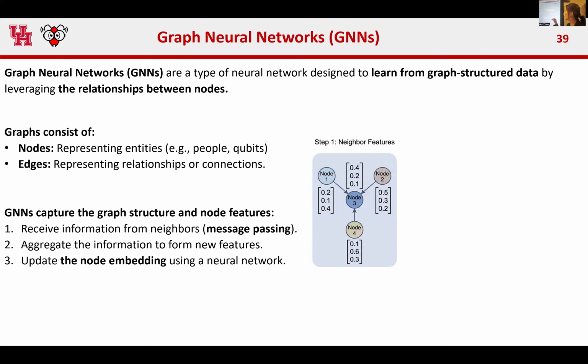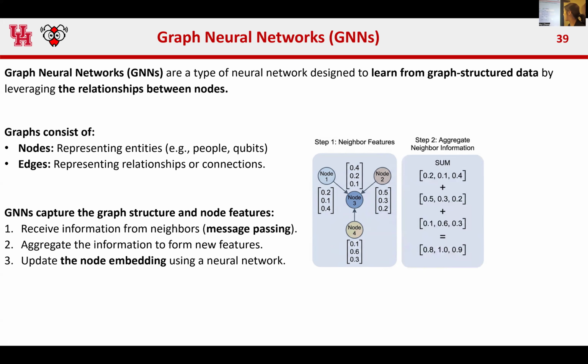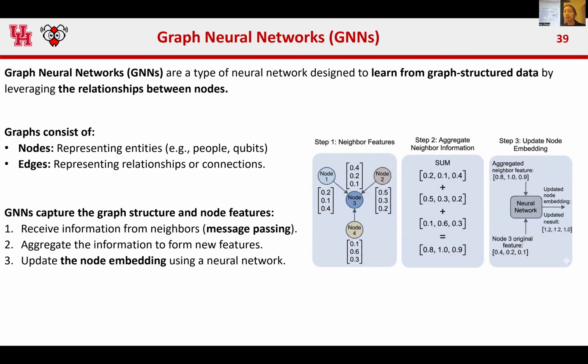For the second step, we aggregate the neighbor information: for nodes 1, 2, and 4, we add their features together to get new neighboring features. For the third step, the aggregated neighboring features and our original node 3 features pass through the neural network, and finally update the node 3 features.